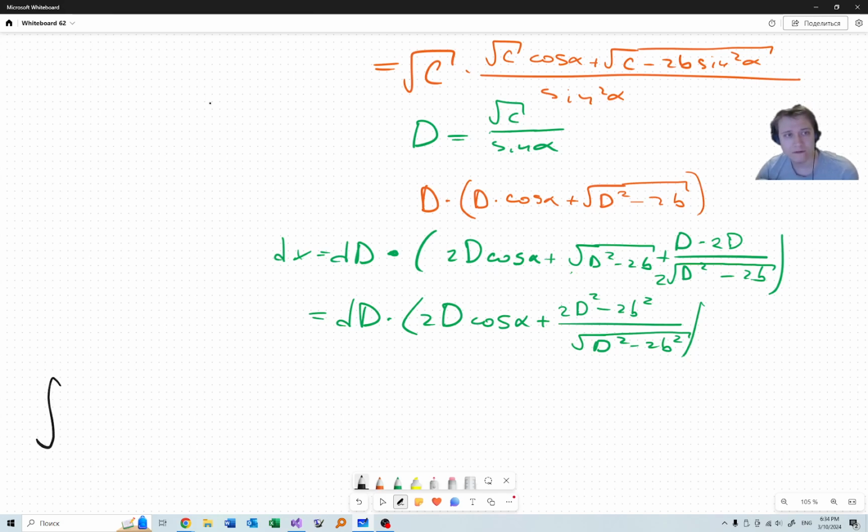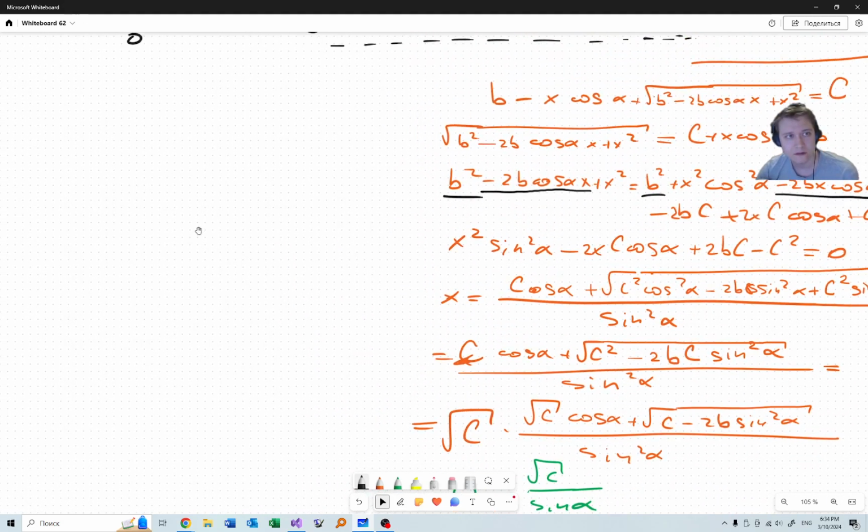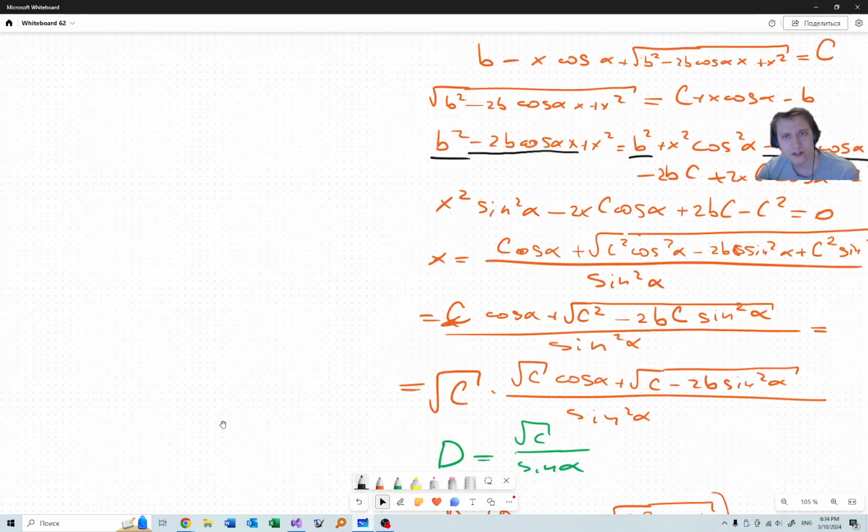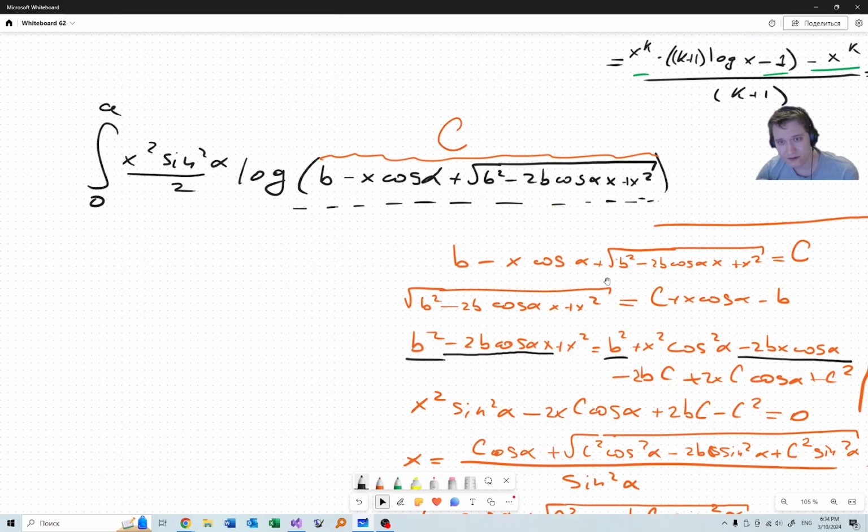So now we have the following integral, not from 0 to a, but now from this to this. Let's substitute 0. If we substitute 0, it becomes 2b.